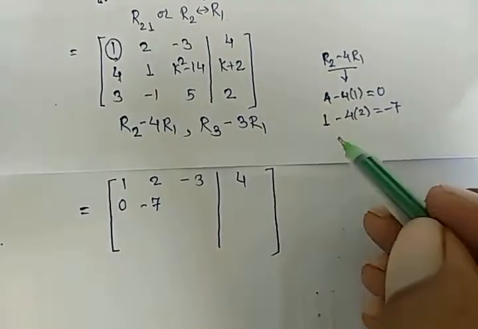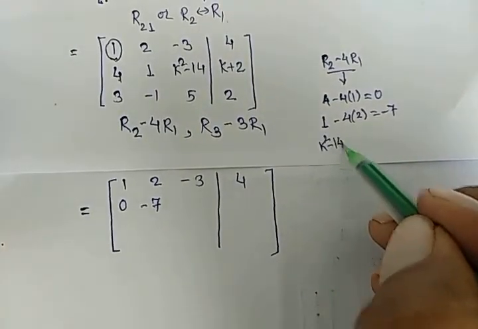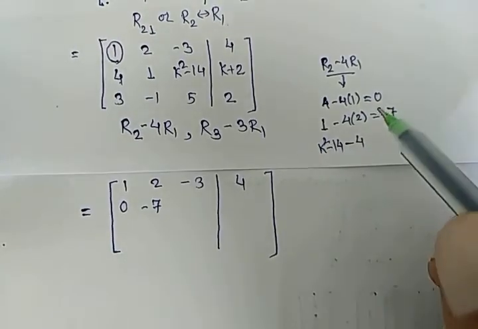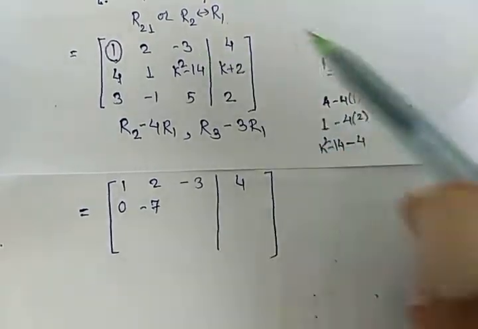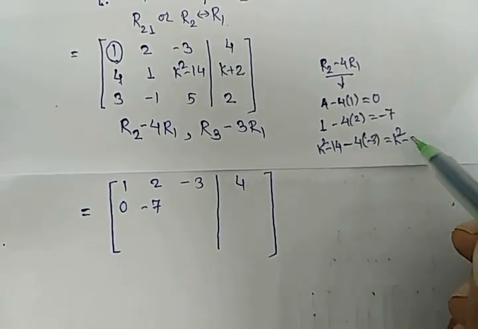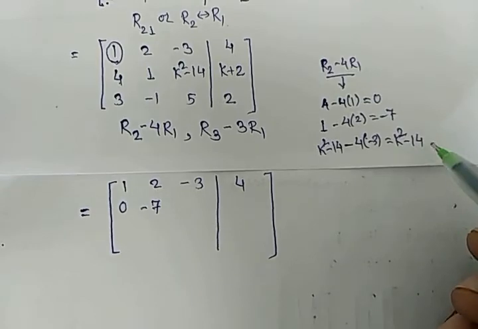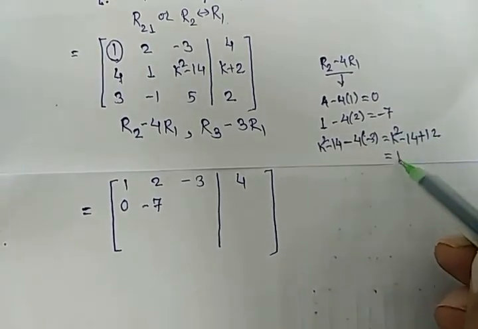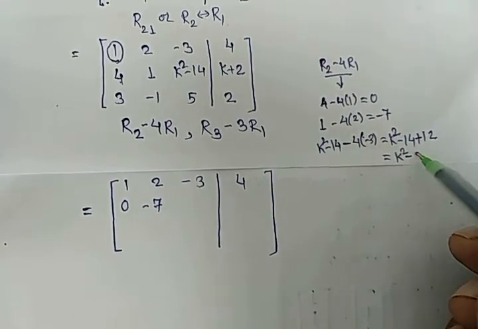Next, it is k square minus 14 minus 4 into minus 3, which is k square minus 14 plus 12, which is equal to k square minus 2.